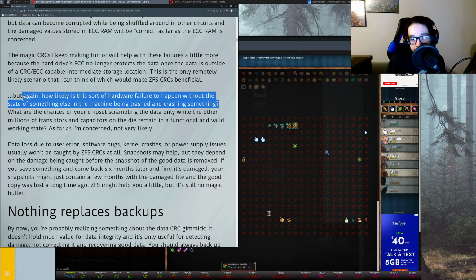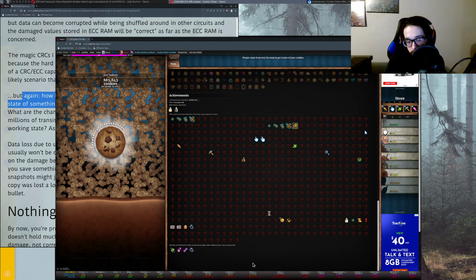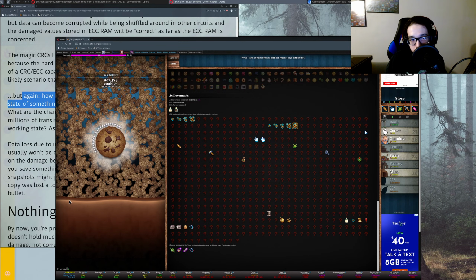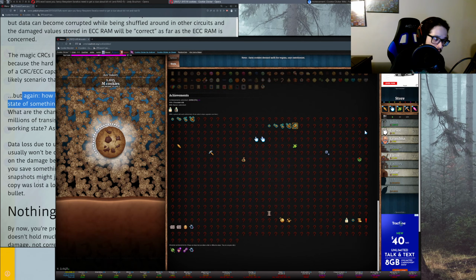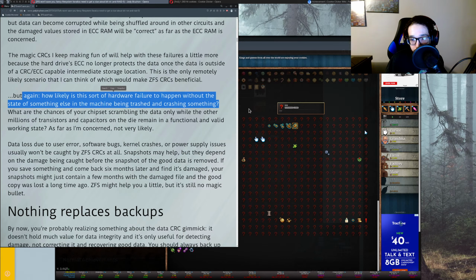I'm guessing one way of looking at this is, I think I could be wrong, I think a claim of other stuff is more likely to go wrong, and you'd notice it, than bitrot existing.